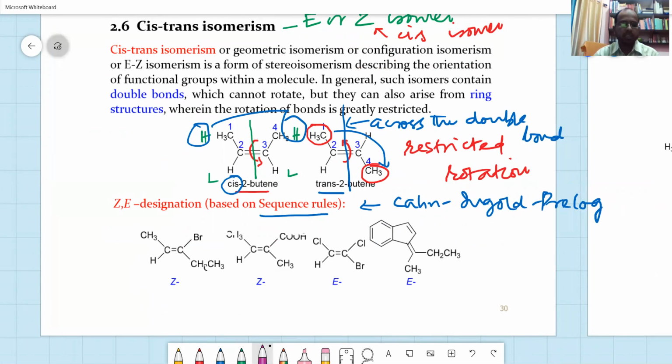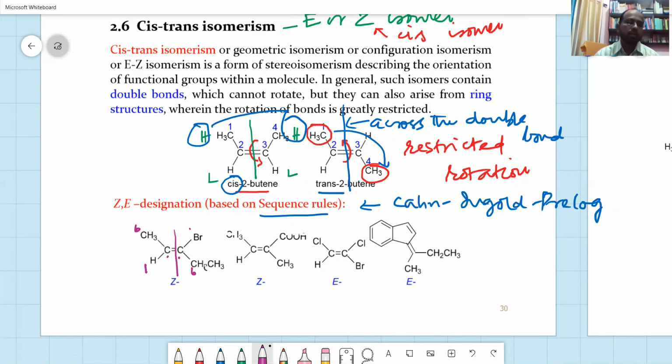So here a double bond is there. This is the double bond which is not rotatable, and you have to draw a line like this to find out which heavier groups lie on the same side. So before naming, on this side this is 6 and this is 1, and here this is 6 and this one is for bromine. This is the first atom that is attached to be taken.